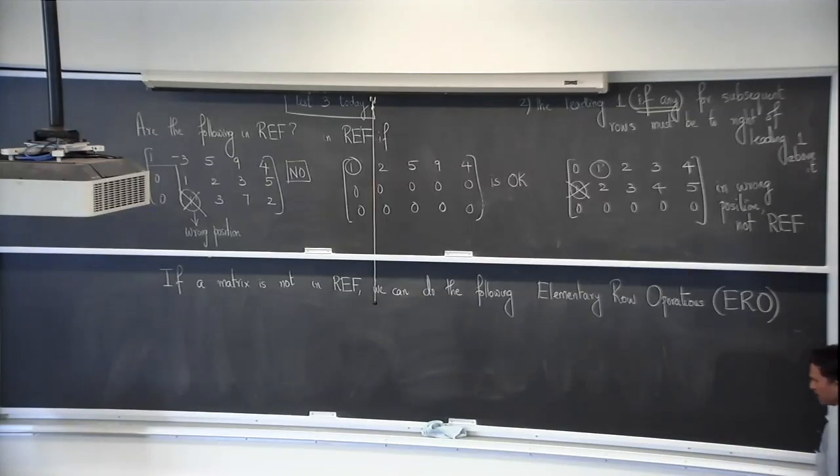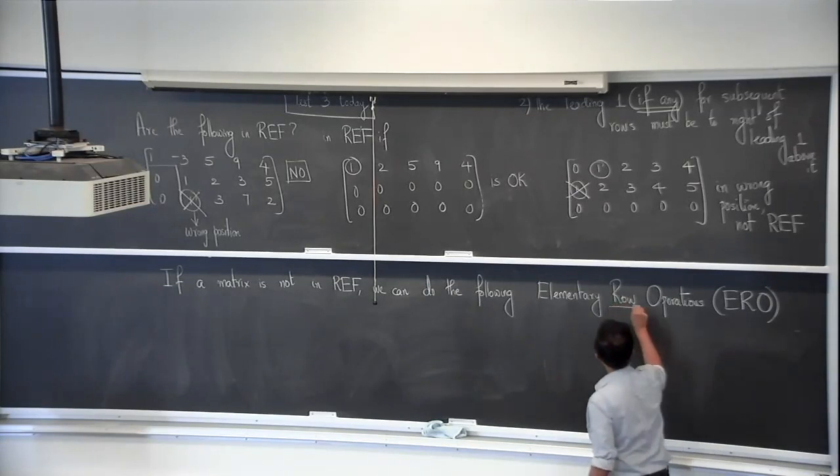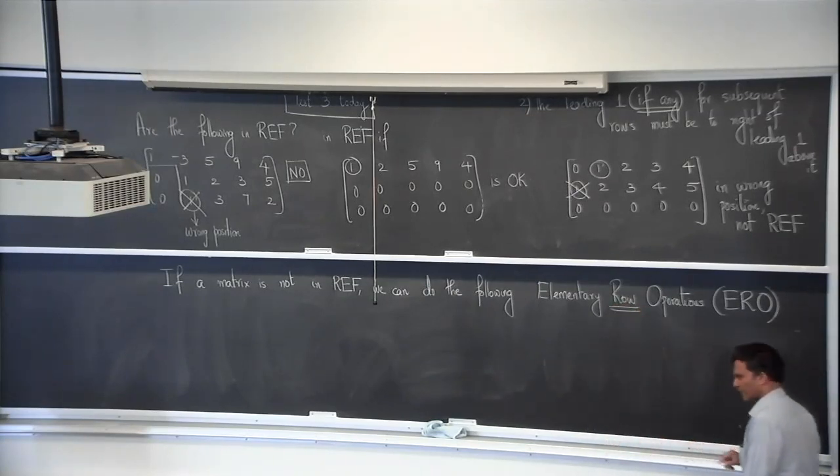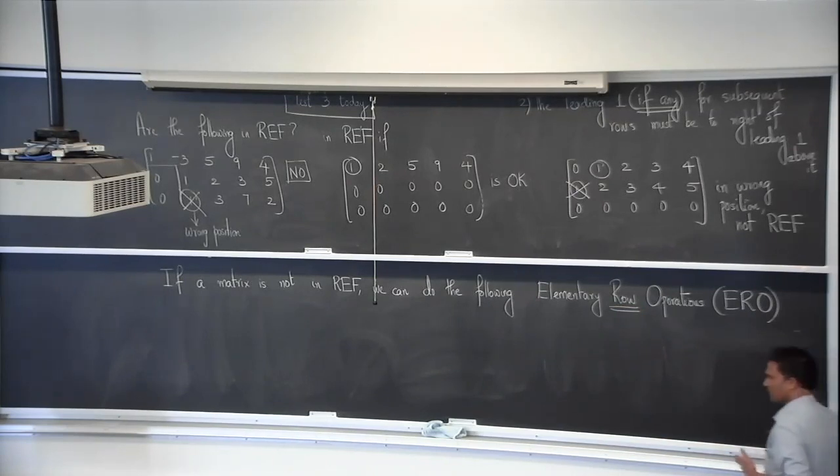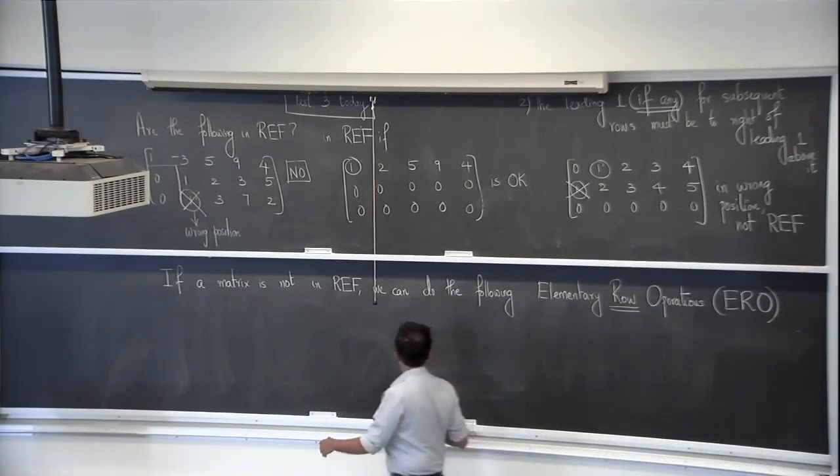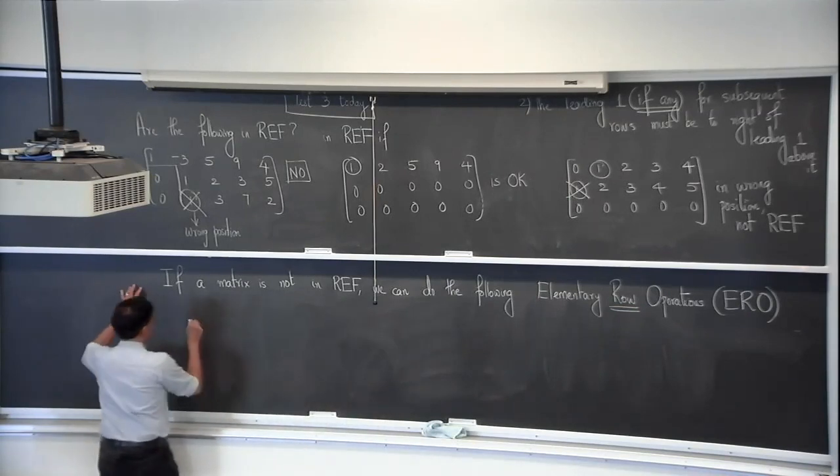ERO, just to abbreviate it for future lectures. Emphasis is on the word row here. We are not doing any kind of column operations here. All operations are done on rows because they are the ones representing the equations in this case.